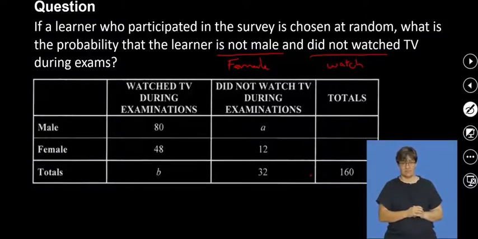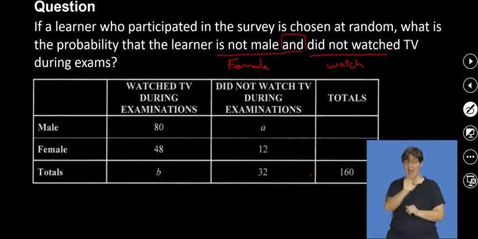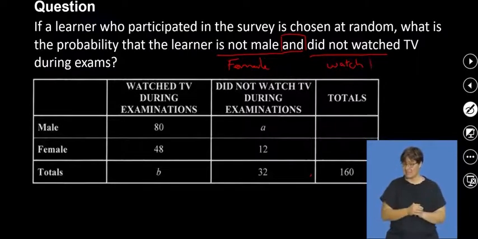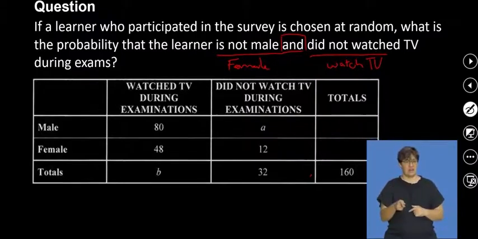So what we're wanting is the complement, and it's important that we look at that word that says and. Very important. So the opposite, or the complement of this, is watch TV. So what we're really asking is we recognize we're not worried about them, that they're not male.